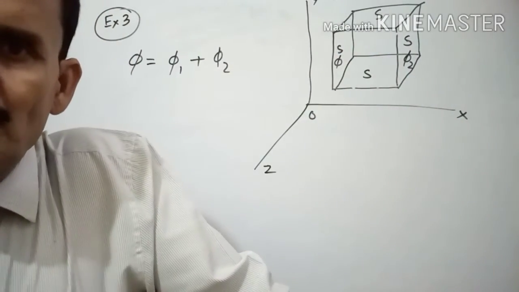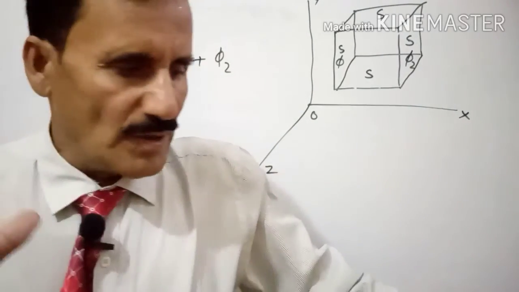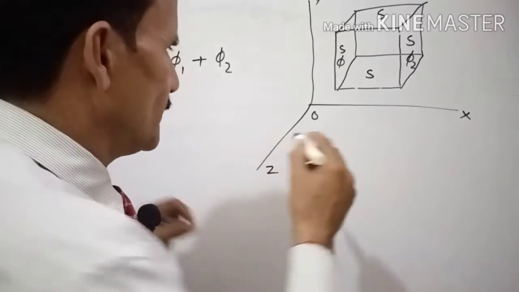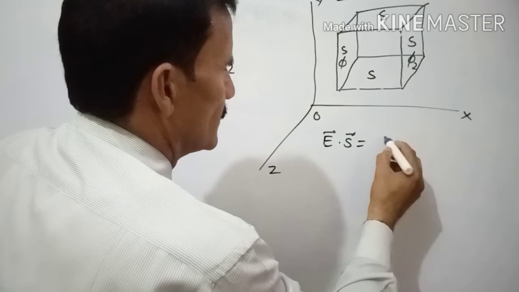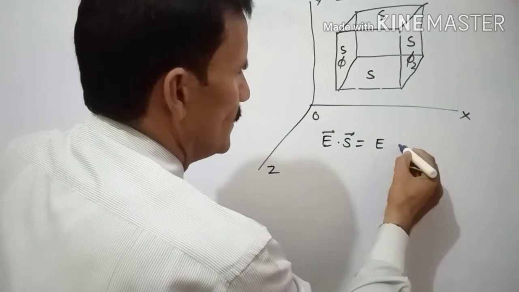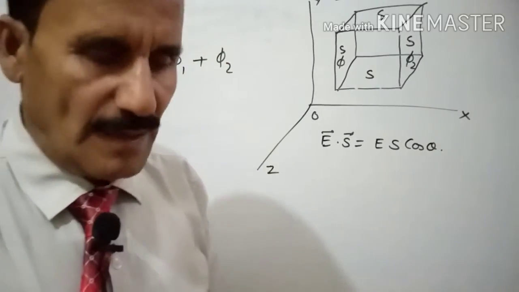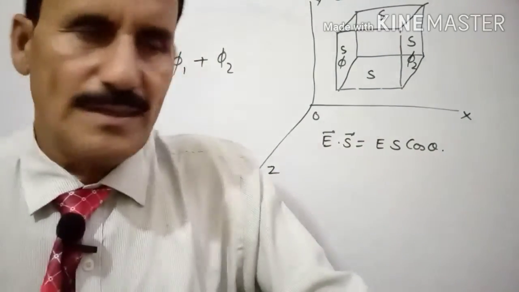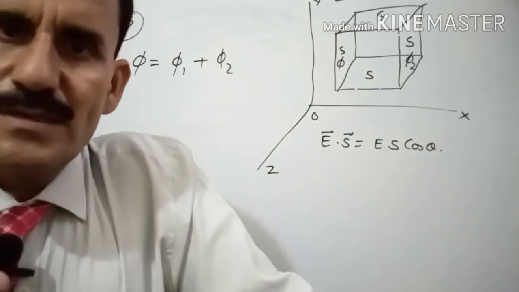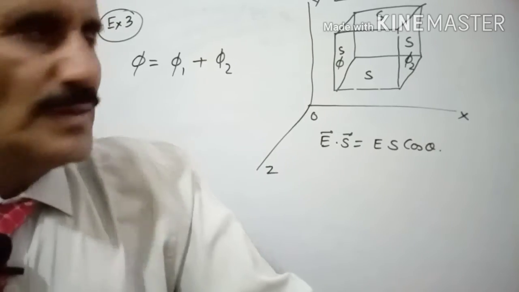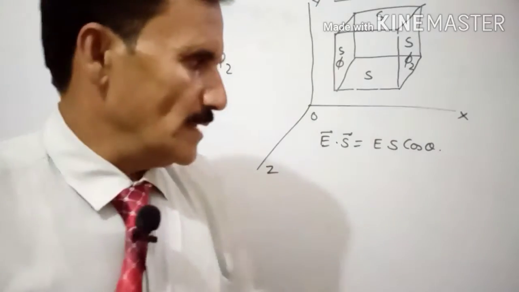Let me explain: the scalar product E dot S is the magnitude of E, magnitude of S into cos theta, where theta is the angle between them. So you know cos 90 is 0. So for the other 4 surfaces, it is 0. Why? Because E is perpendicular to the vector area.